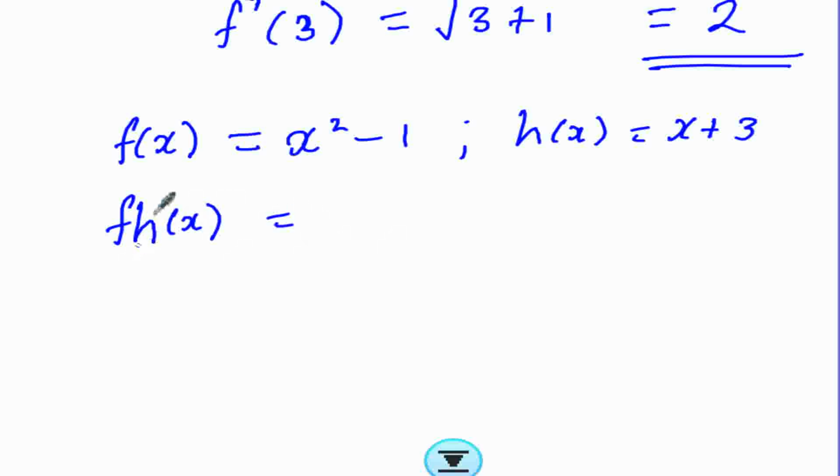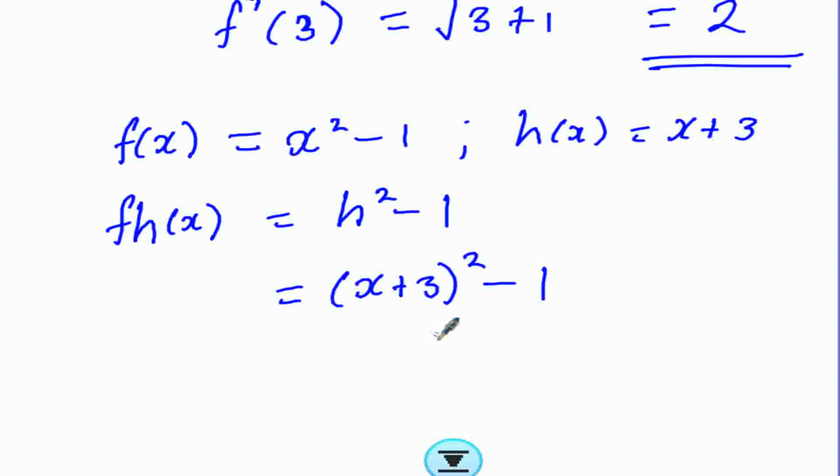So this means in the function f we are putting in h. So where there is x in f, put there h. And in this case I will be having h squared minus 1. And then what is h? H is x plus 3, all of it squared, then minus 1. That is our fh.